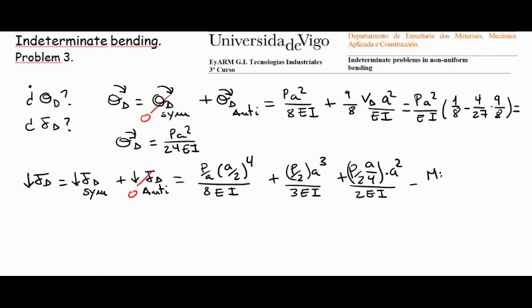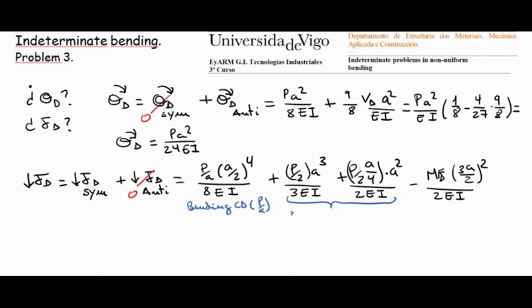So we can write this expression plus the effect of the bending moment in the cross-section D. So we have the effect of bending in CD because of this distribution of force P over A, the effect of bending, as we saw before, in ABC because of the equivalent force and moment system, that is force P divided by 2 and moment P divided by 2 multiplied by A divided by 4, and the effect of bending in the complete half length of the structure because of the moment at the free end of the cantilever.